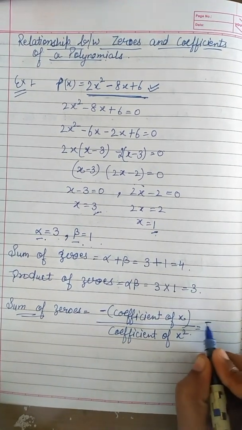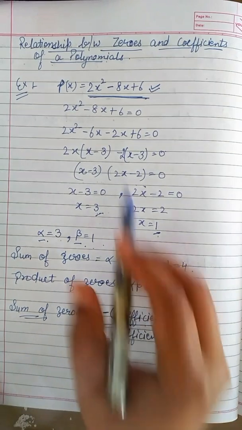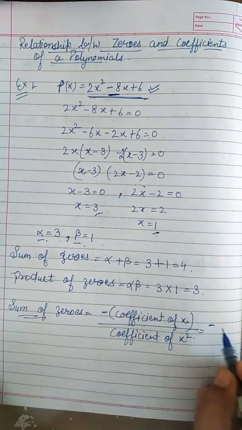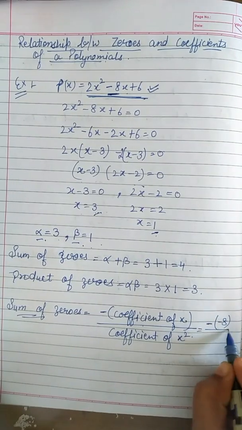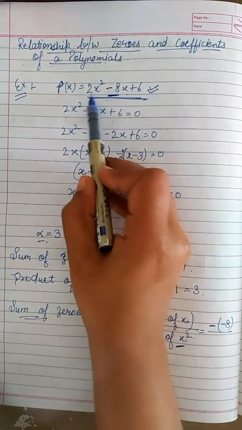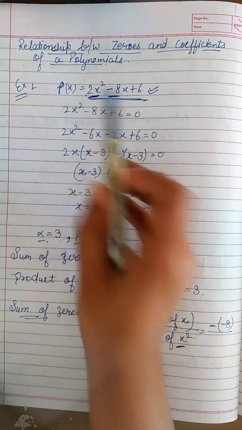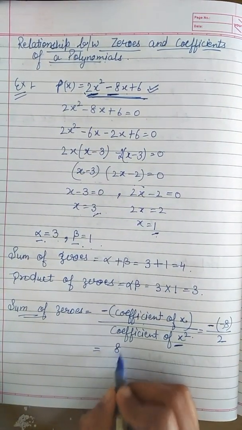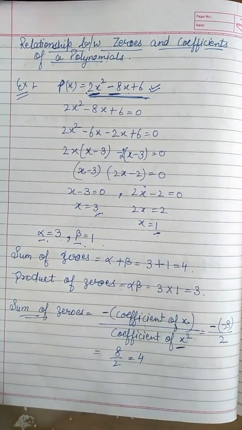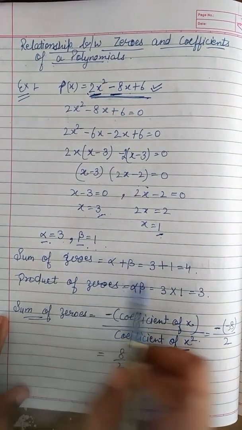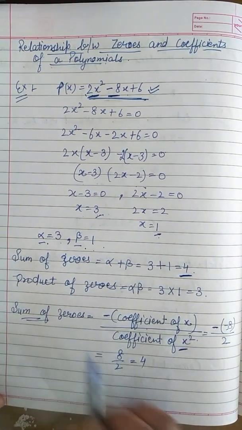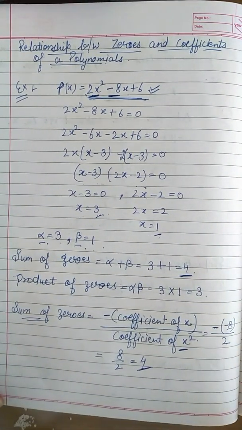So minus coefficient of x, as you know, coefficient of x is minus 8. So minus of minus 8 upon coefficient of x square, which is 2. Minus minus plus 8 upon 2 is equal to 4. As you see, sum of zeros here is 4. Also here sum of zeros is equal to 4.